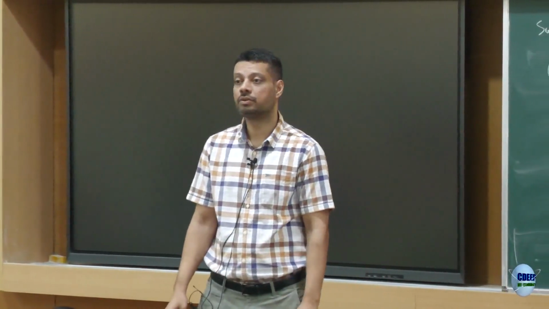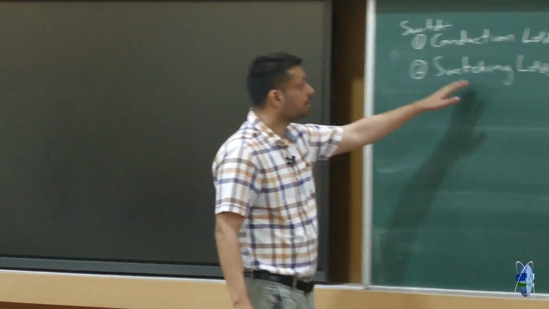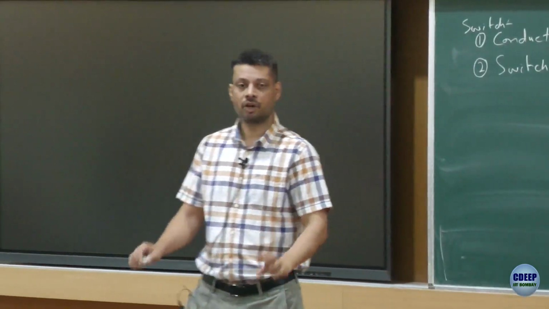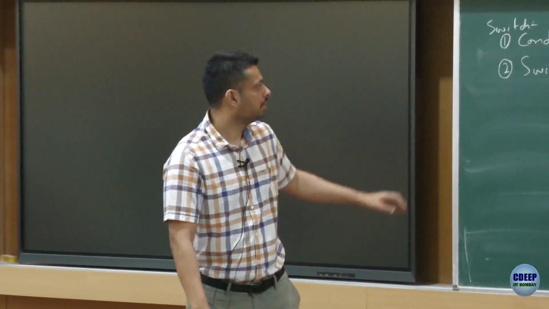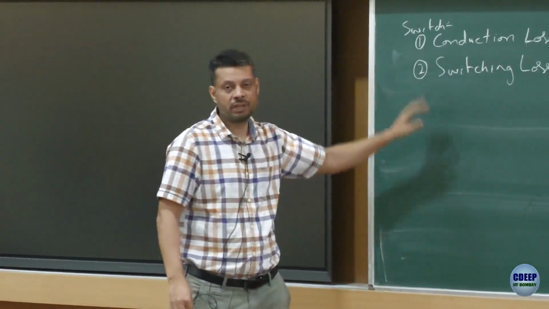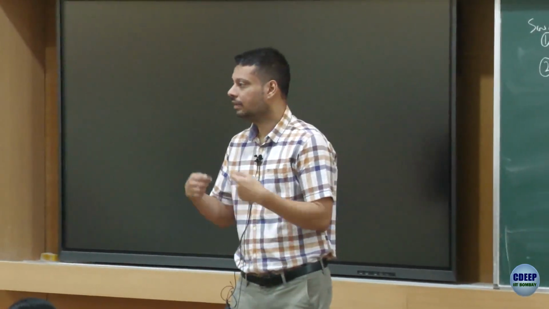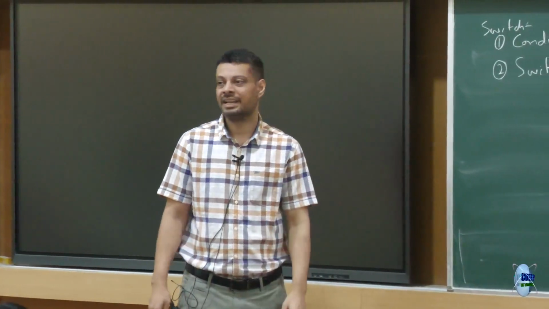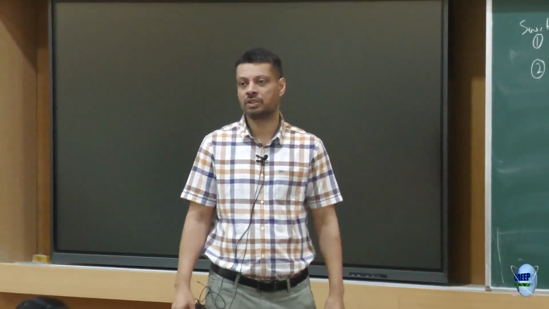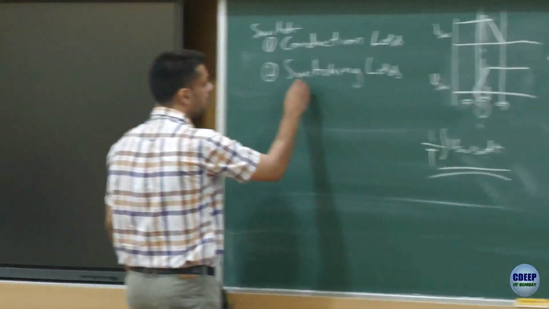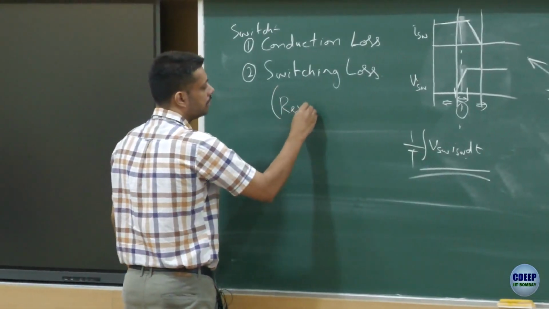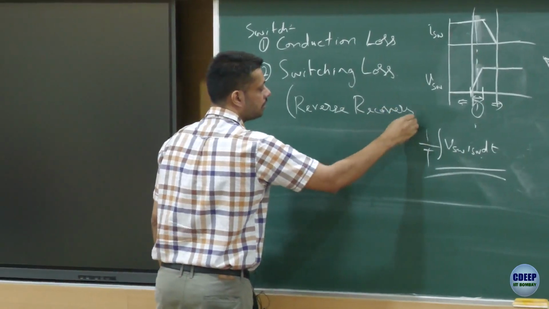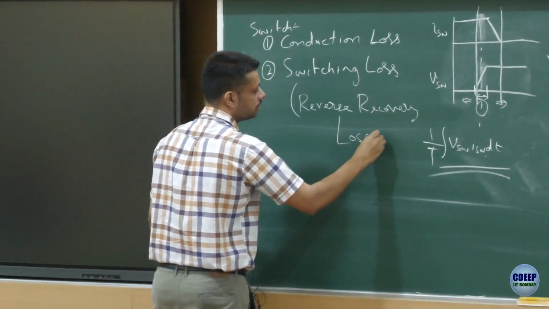Any doubt? How exactly you calculate these, and what the effects of the different parameters are, we are not discussing today, but broadly now you understand there are these two types of losses that happen in either a diode or a semiconductor switch, right. In a diode, instead of calling it switching losses, we have a different name, we call it reverse recovery losses.